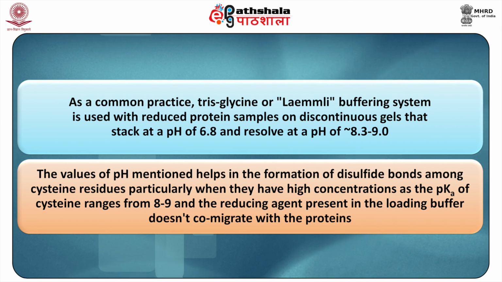The values of pH mentioned help in the formation of disulfide bonds among cysteine residues, particularly when they have high concentration, as the pKa of cysteine ranges from 8 to 9 and the reducing agent present in the loading buffer does not co-migrate with the protein. Inclusion of a reducing agent, for example sodium bisulfide, that moves into the gel ahead of the proteins is done to maintain a reducing environment and further aids in resolution.